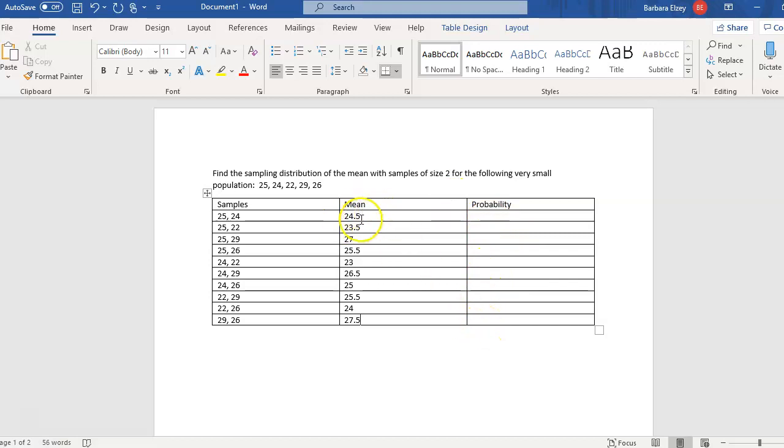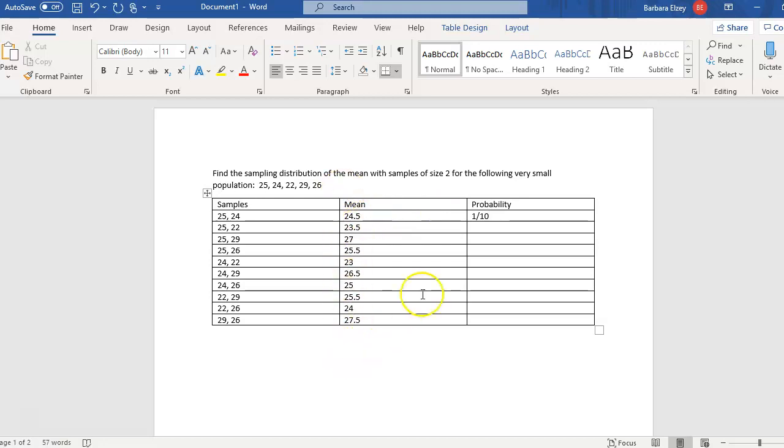Let's notice 24.5. If we look among these, it's the only one, and there are 1, 2, 3, 4, 5, 6, 7, 8, 9, 10 different means. So the probability is 1 out of 10.